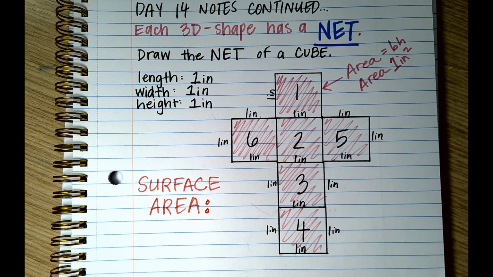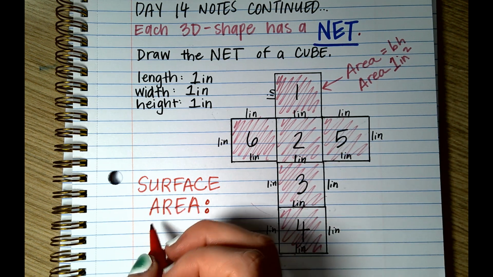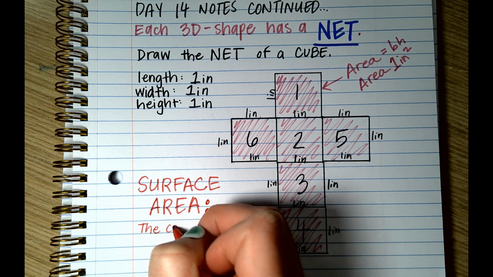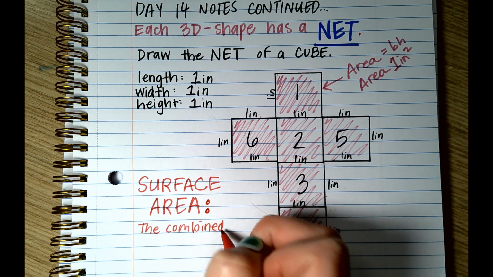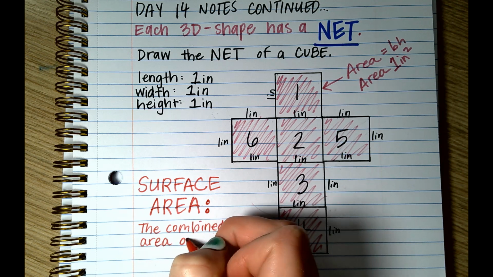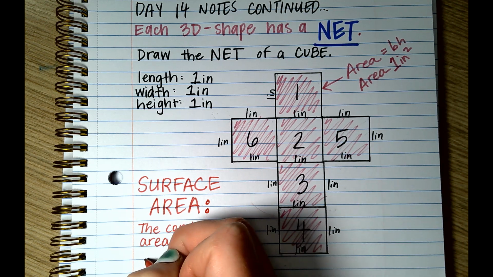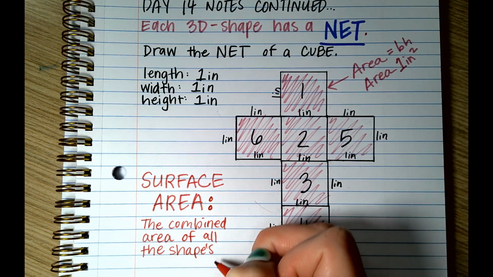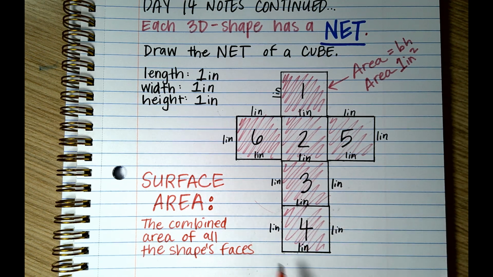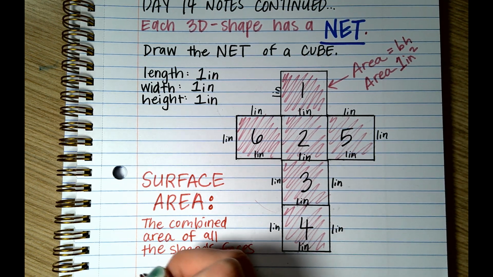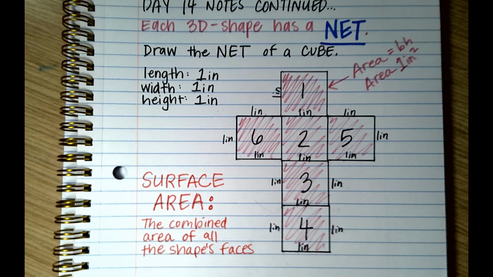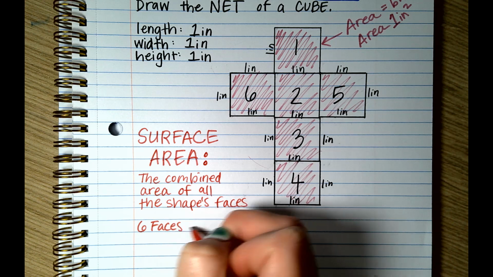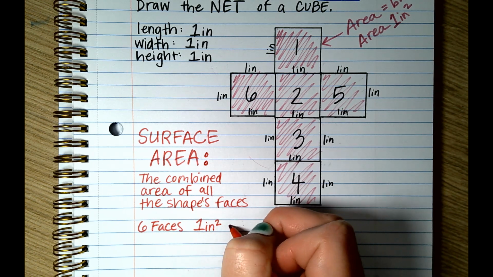There are 6 of them, so surface area is the combined area of all the shapes, faces. This cube, each face is 1 square inch. There's 6 of them. 6 faces. 1 square inch each.